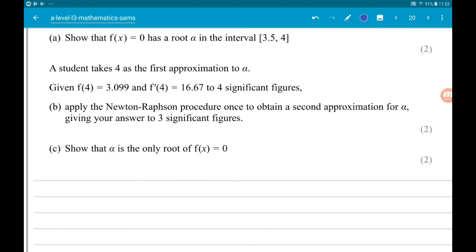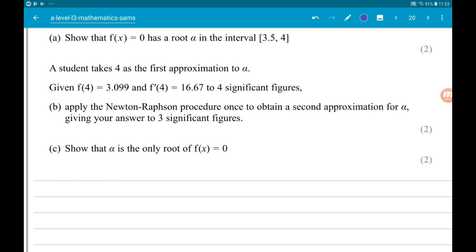Okay, then for part C, we want to show that alpha is the only root of f of x equal to 0. So, how in the world are we going to do that? There's no nice algebraic way to do it.